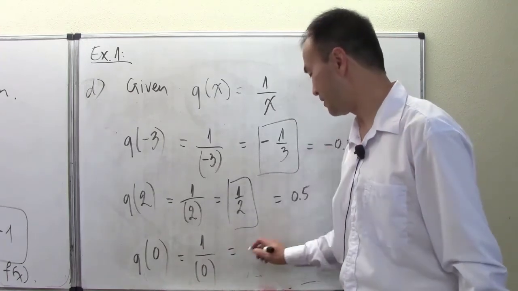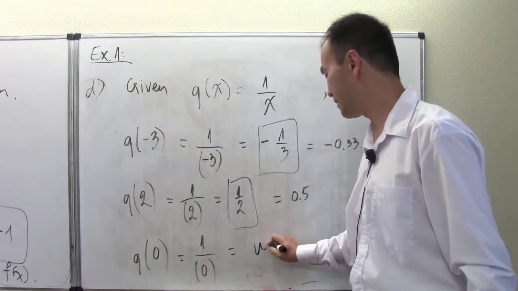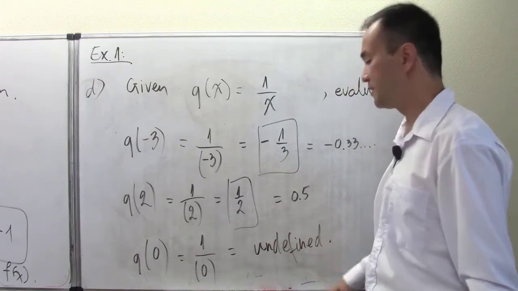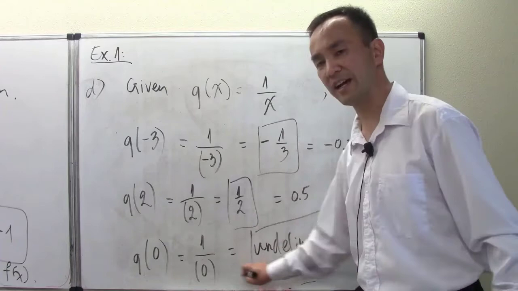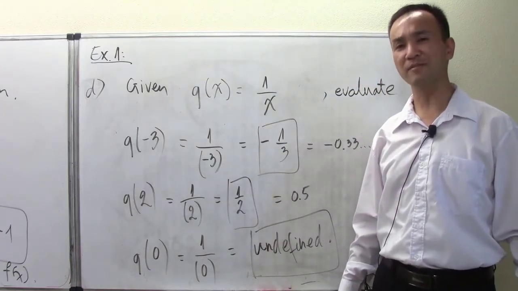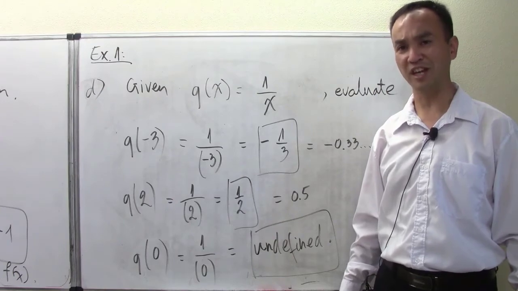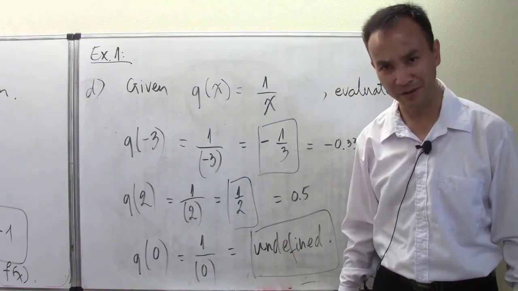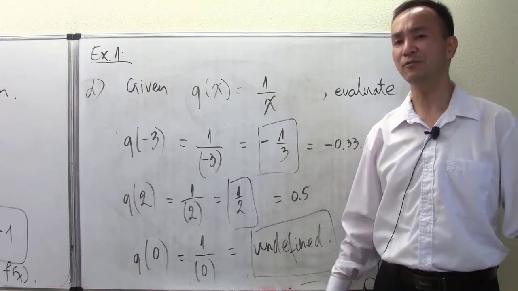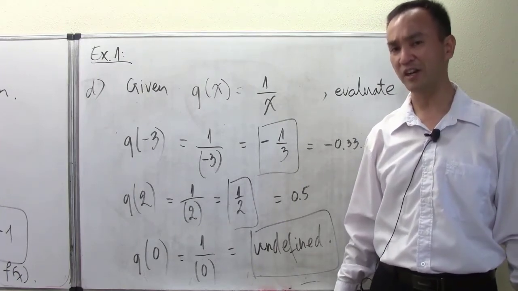So now I have to say undefined. We don't have a value for that. Just similar to the earlier situation where the square root of negative 1, or in general the square root of a negative number, we don't have a value defined. We cannot proceed with the calculation, so we call that an undefined value.